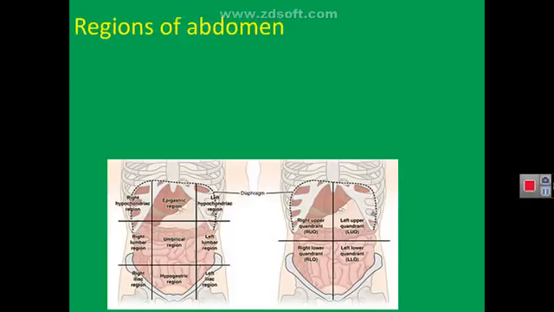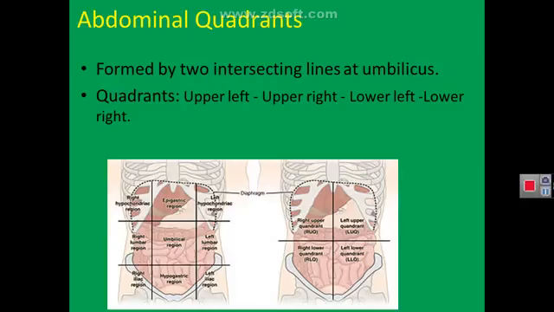For clinical examination, we may have to divide the anterior abdominal wall into regions in order to be able to describe the clinical features, or describe diseases or symptoms or signs of diseases. One method of dividing the anterior abdominal wall is into the 4 quadrants.